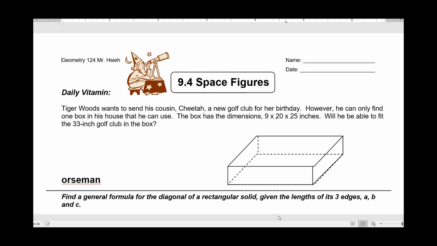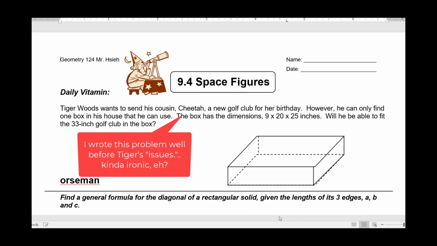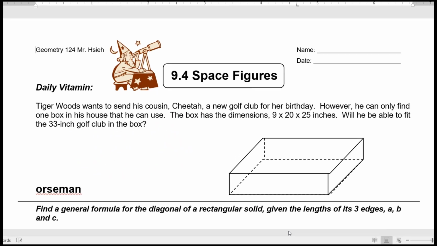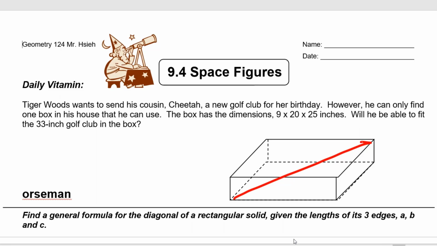Okay, if you've tried this problem, what you have here is basically a three-dimensional rectangular box. And what you're trying to do is identify the three-dimensional diagonal and see if this golf club, sorry, I'm not the greatest at drawing here, will actually fit in this box.